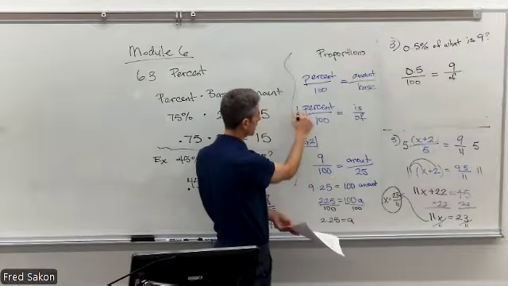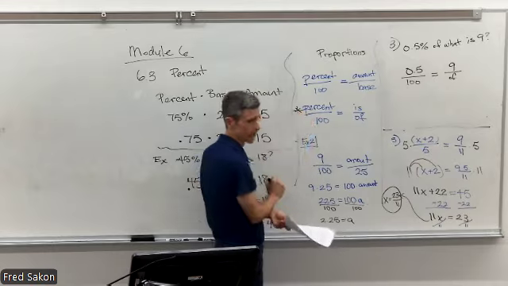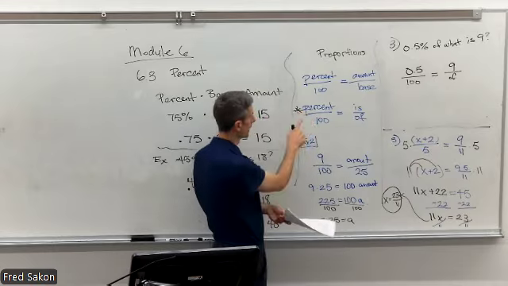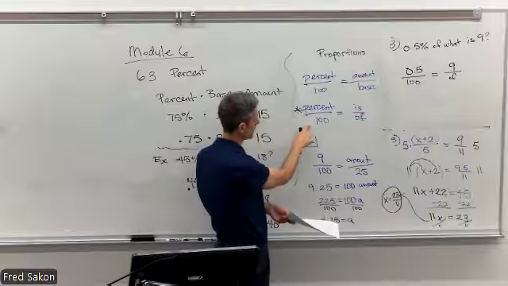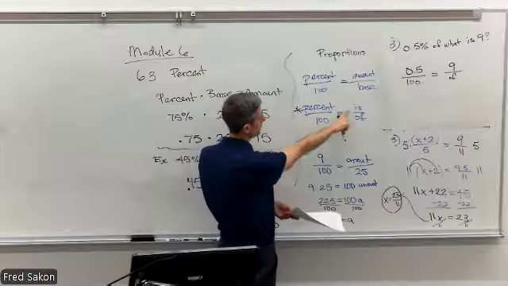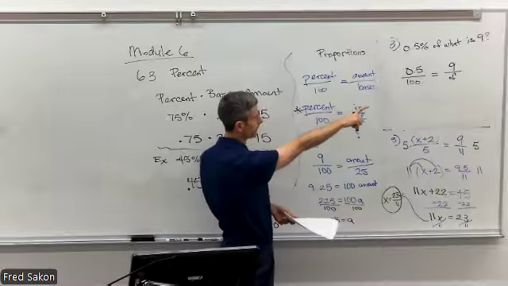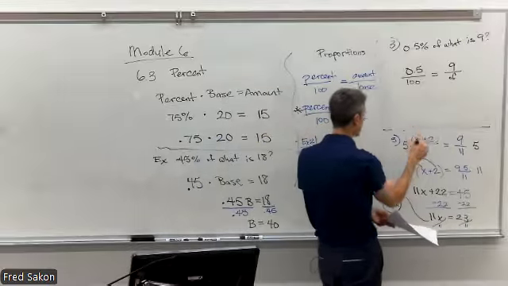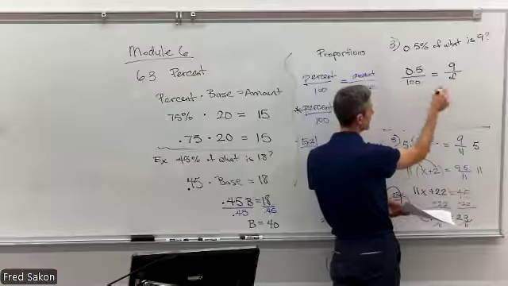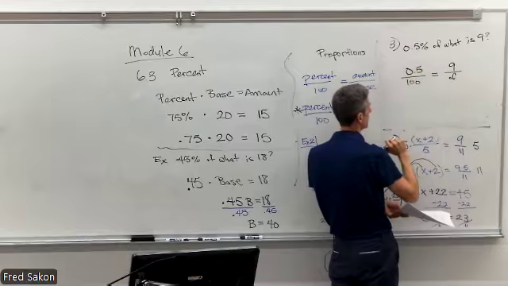I'm kind of calling on this way of looking at it right now. The percent number over 100 is 9 of, don't know, of what? So then I can do my solving.